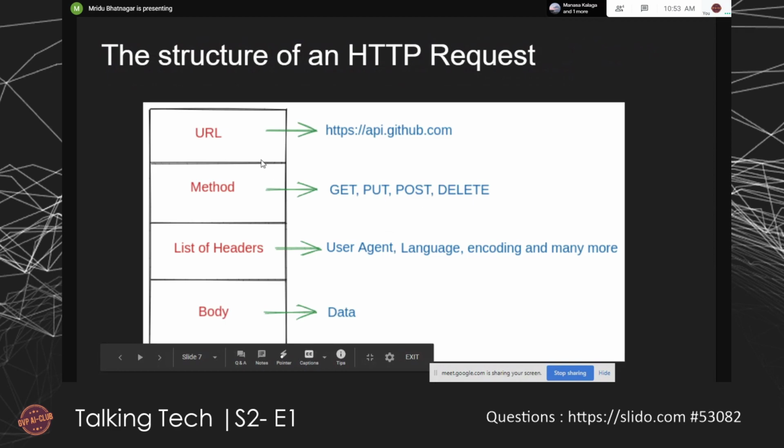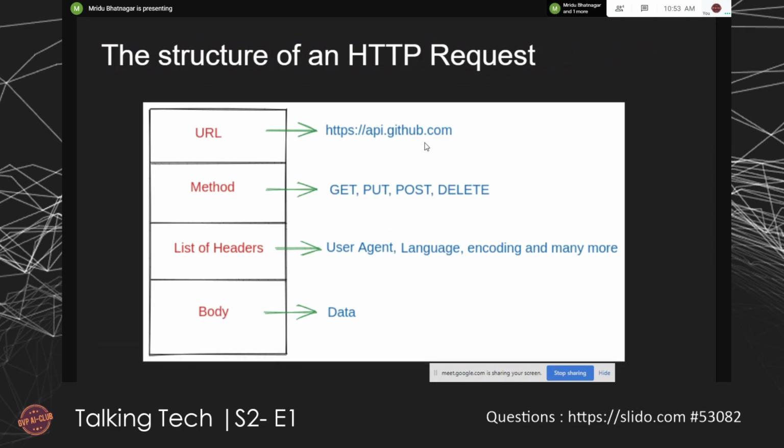Now, an example is your URL is something like api.github.com. What is the difference? When you go to github.com, it takes you to the website. That whole website is not your API. API is different. That's why the URL is api.github.com.